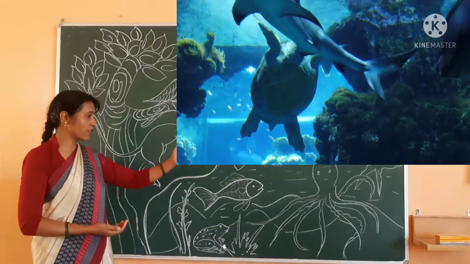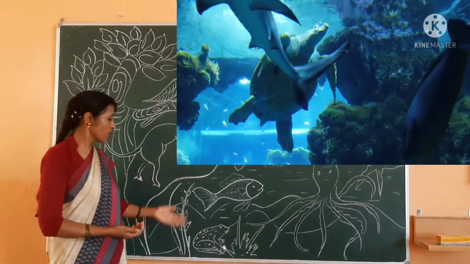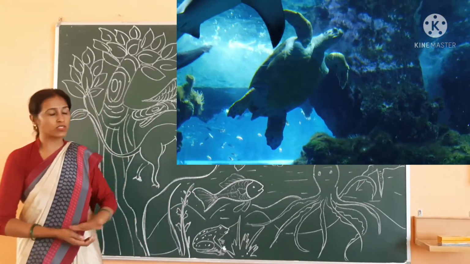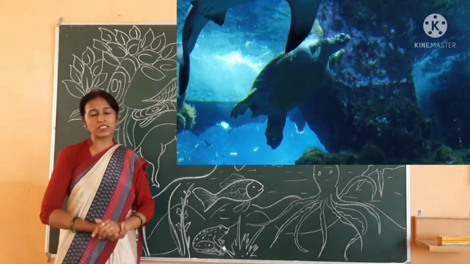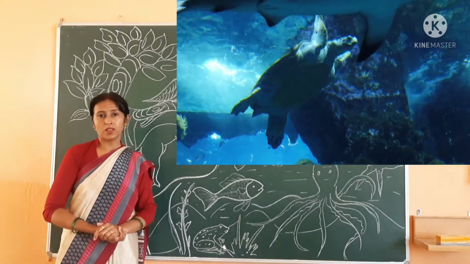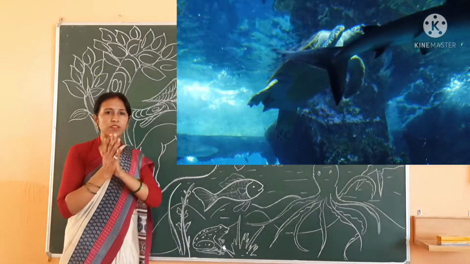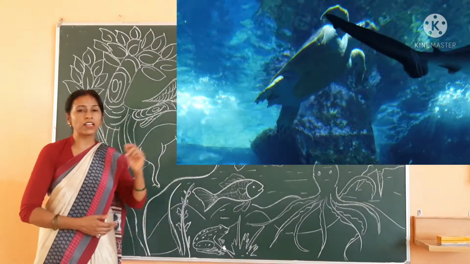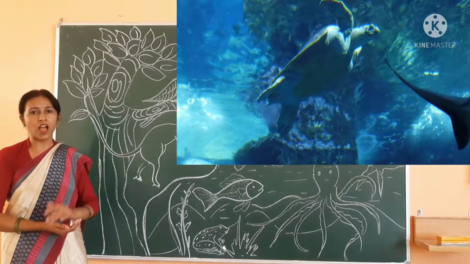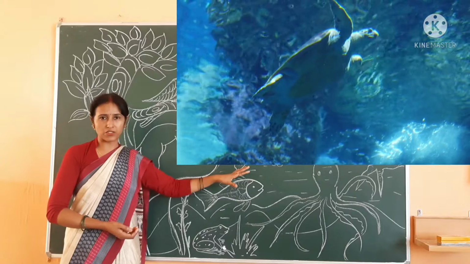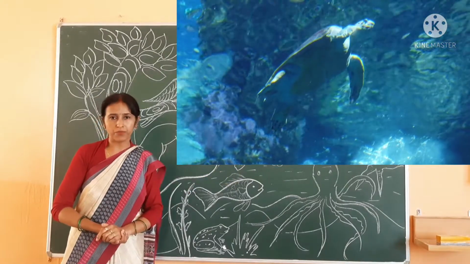Several examples are there, like fishes, octopus, tortoise, everything. But they don't have the same adaptation as the animals found in desert areas or polar regions. They have a different adaptation.